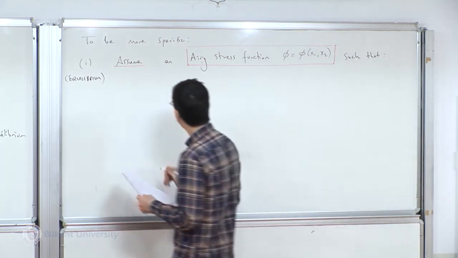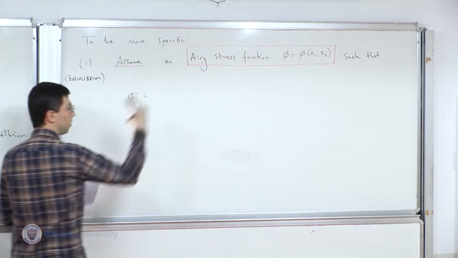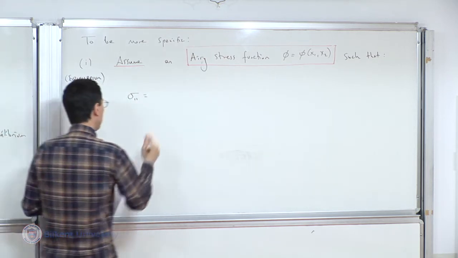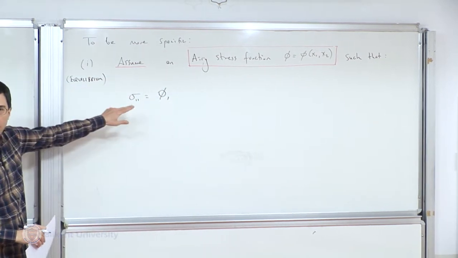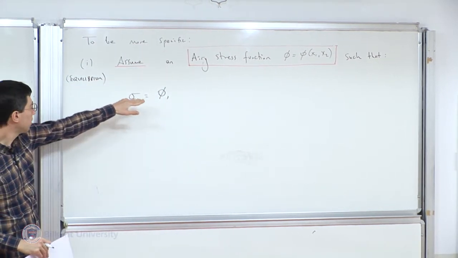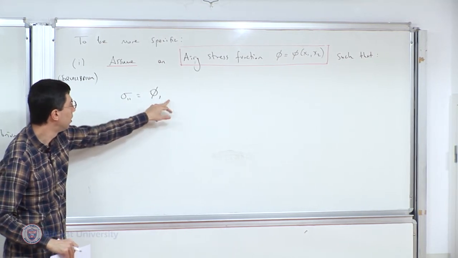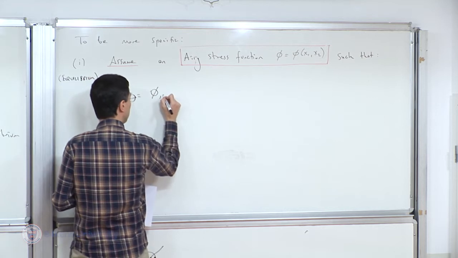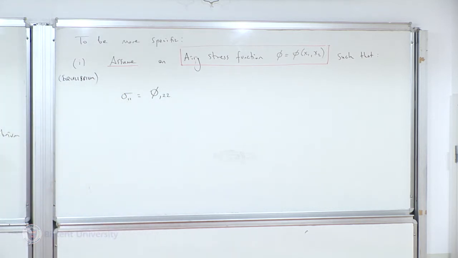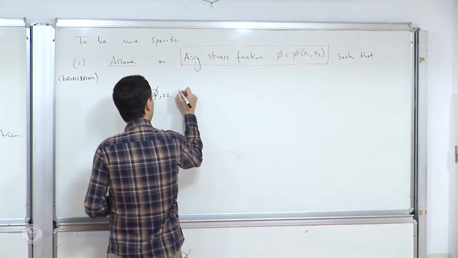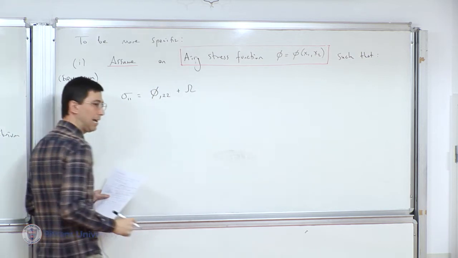Okay, so here's the tricky part. Now, once I suppose I have that function, I will assume that the 1,1 component of the stress is calculated by taking the derivative of the stress function twice with respect to not the first, but actually the second coordinate. Now, plus I will add here another term, and it's a capital omega.